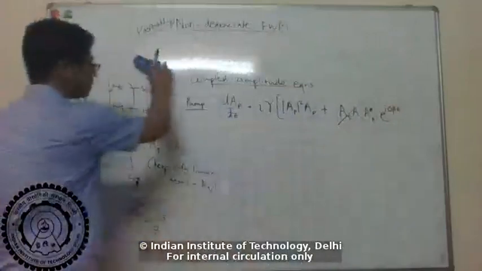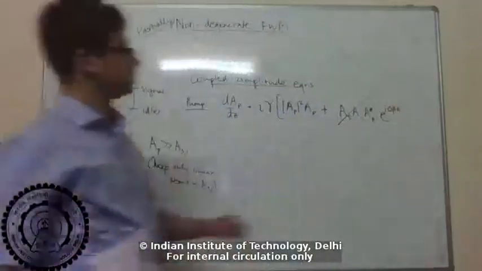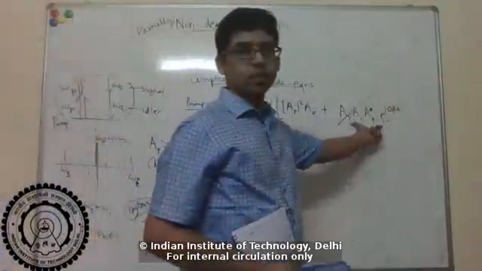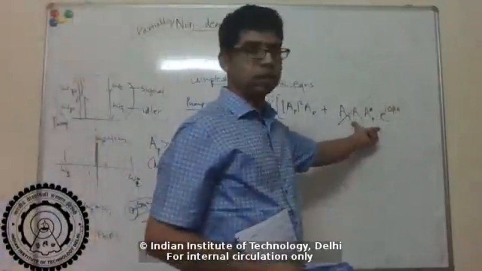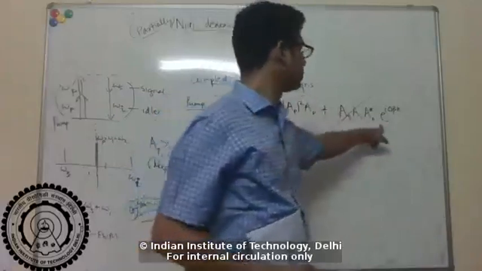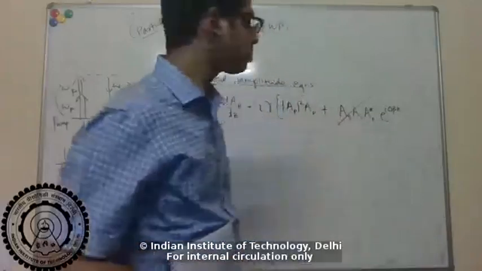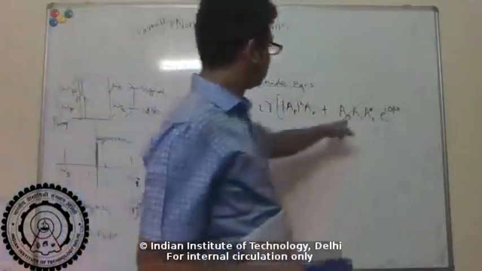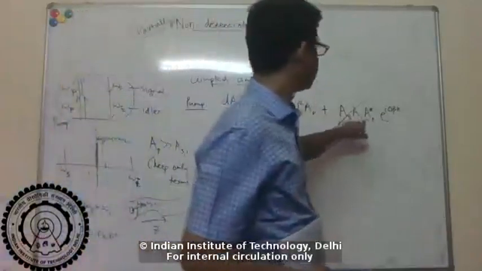So, okay, but I hope you understand this term, right? This is apart from the cross phase modulation that signal and idler can impose on the pump. And actually, this looks like some four-wave mixing term you can see here, right?